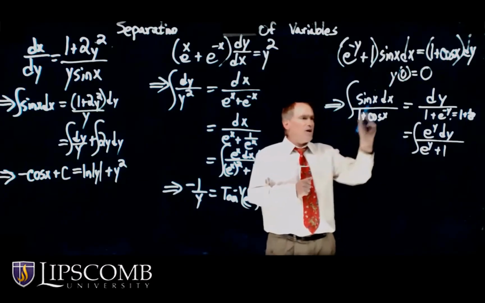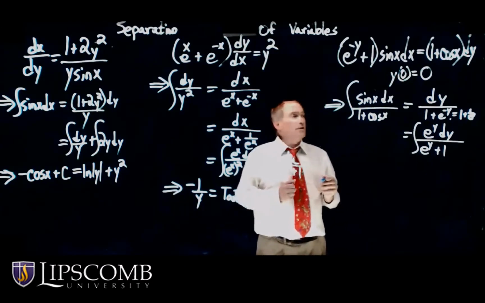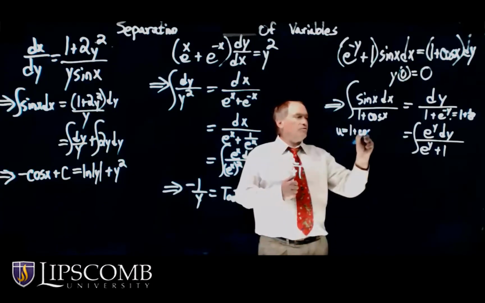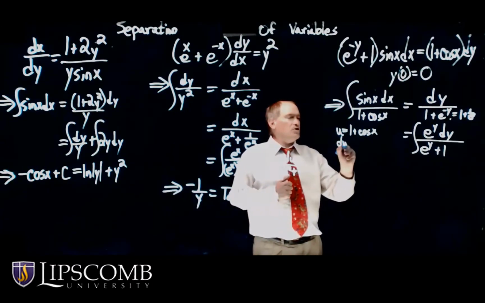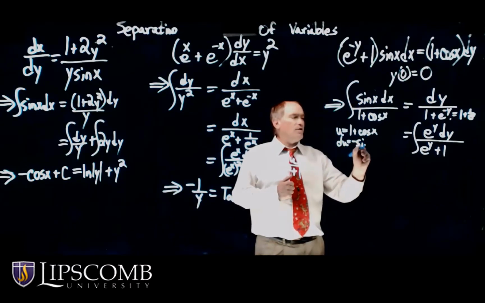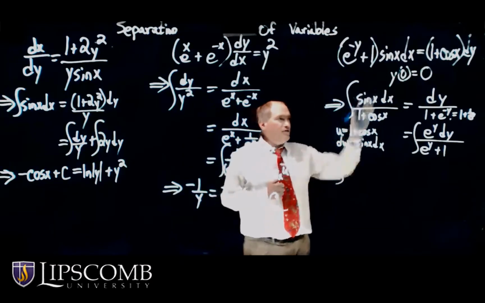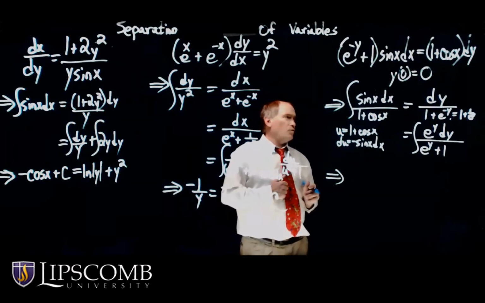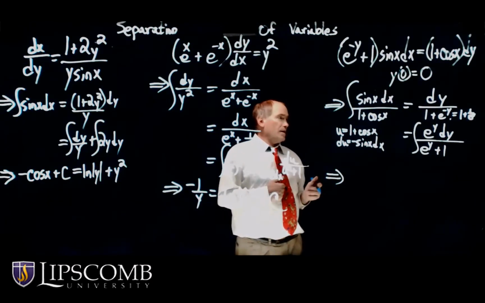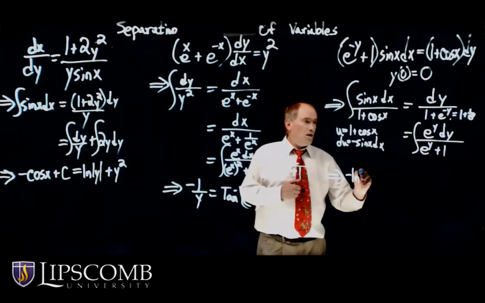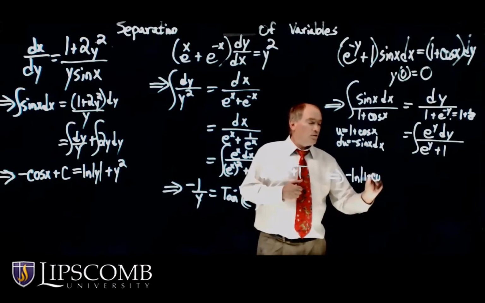Well, on this side, what do I have? Well, let's let u be 1 plus cosine of x. So du is negative sine of x dx. So on this side of the differential equation, what will I get? I'll get negative natural log of absolute value of 1 plus cosine of x.